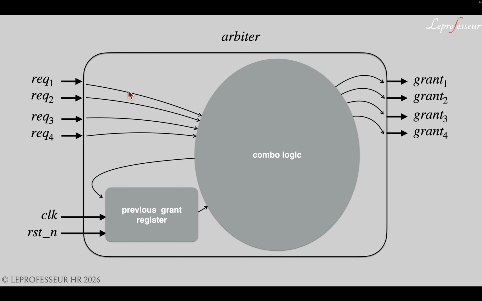That means that if requester one comes again along with the other requesters, requester one should not get access. To hold that state, I'm using this register. This register gets fed back into the combo loop, and the combo loop also provides the input to the register.